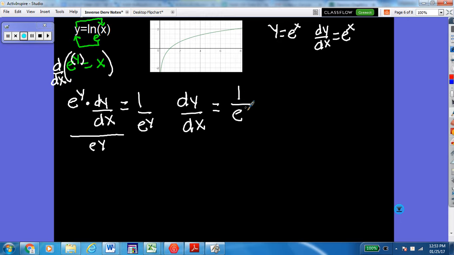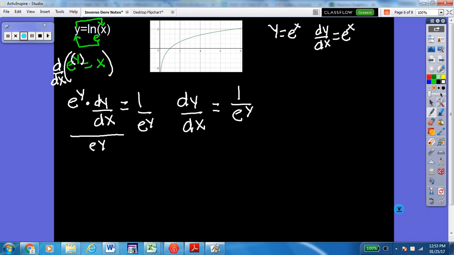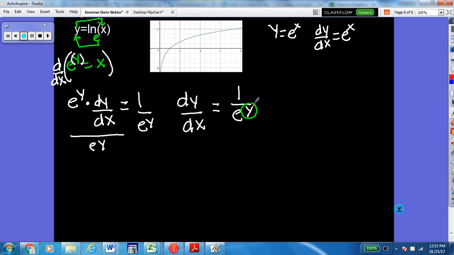Now, this is good, but it's not done because it's still in terms of y, and we need it to be in terms of x. But earlier we stated that e to the y was x. So we can simply replace that e to the y with x, making the derivative of natural log of x 1 over x.